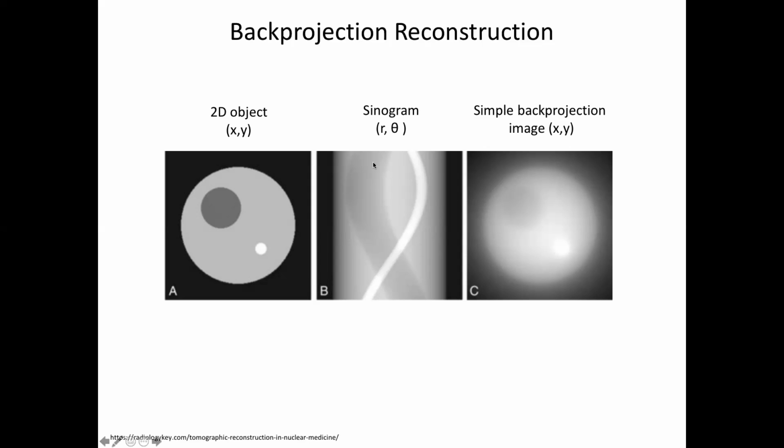If I take the simplest way to reconstruct the image, it's called back projection. We'll look at it in a bit of mathematical detail. When I do that back projection, this is the picture I get of this object. So not great. It's okay, right? But it's not great. So we're doing something wrong in just back projecting these views to make a picture.